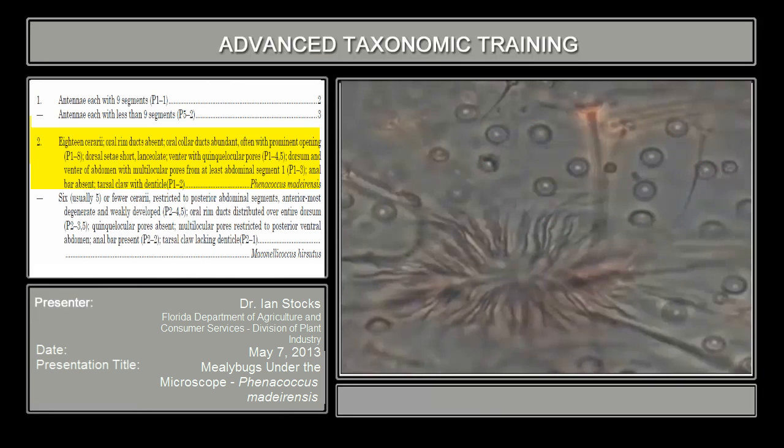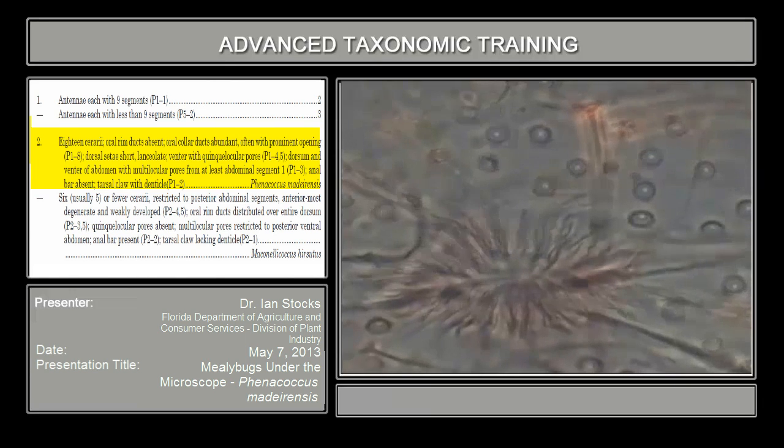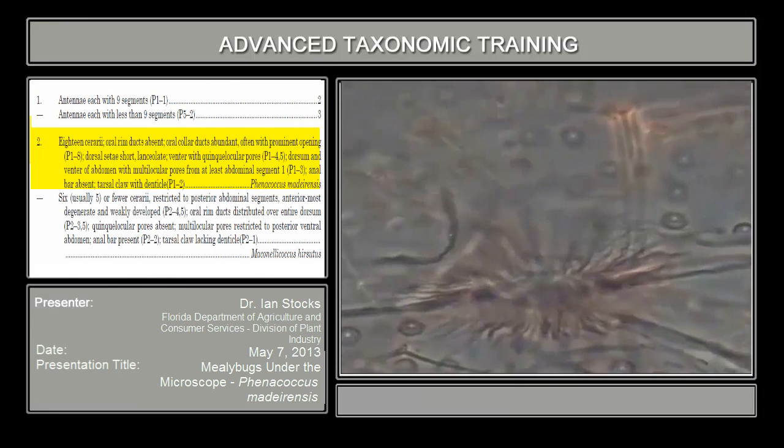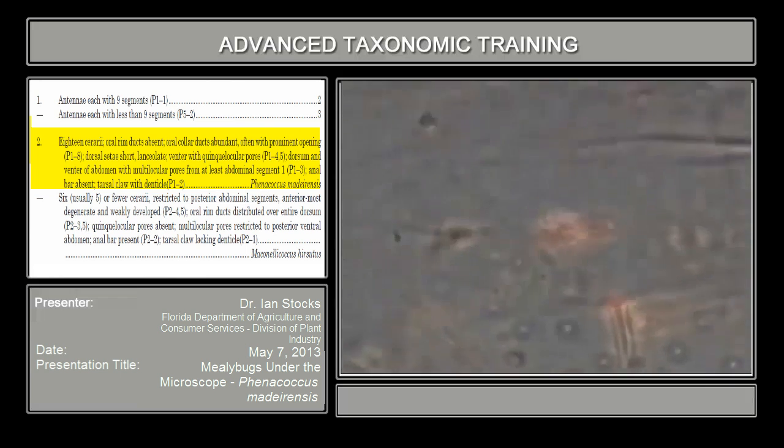So if it's an ovisac producing species, it's going to have multilocular pores, and they're going to be at least present around the vulva. Okay, so if you want to look for multilocular pore presence at all, a great place to start is around the vulva. Okay, and indeed, Phenacoccus madeirensis makes a fairly robust ovisac.